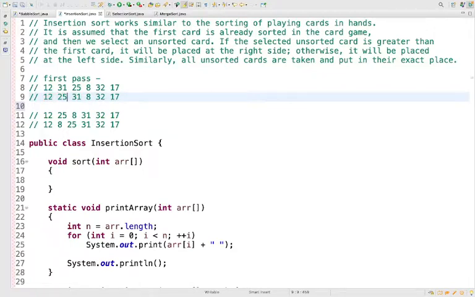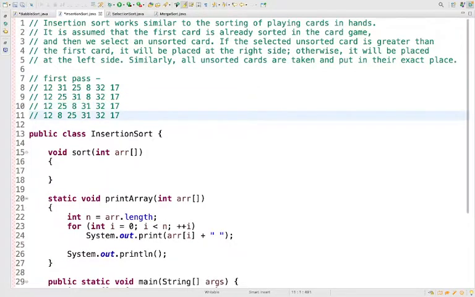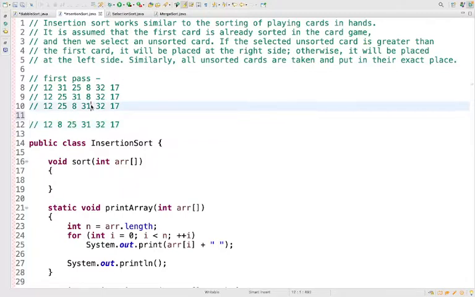So after swapping, it keeps checking back whether things are sorted or not. In this case, everything is fine: 12 is less than 25, 25 is less than 31. Now when 31 is compared with 8, we found that 8 is less than 31. So it will swap with 31, but it will not end there. It will try to arrange this part as well.